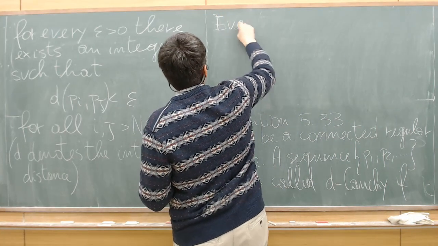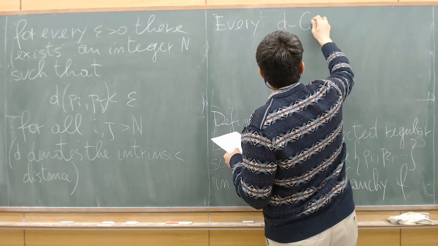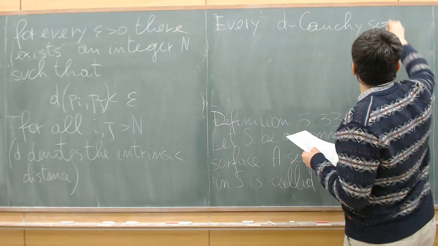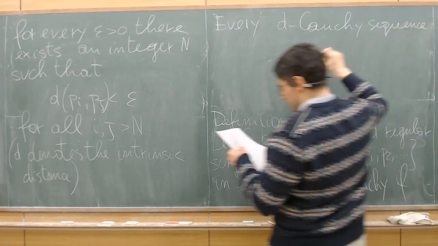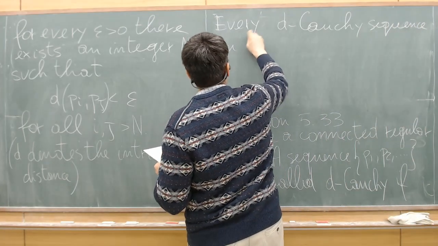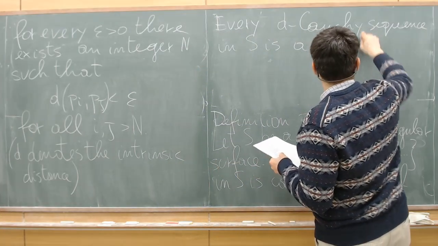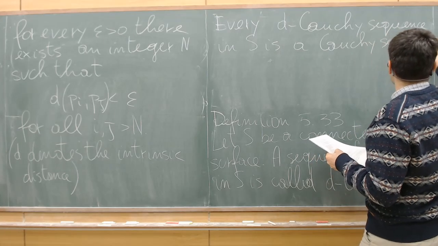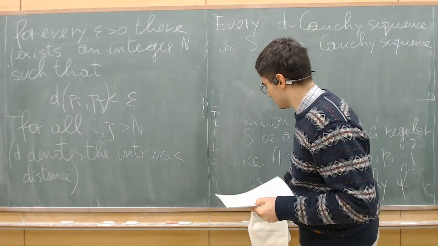Every d-Cauchy sequence in S is a Cauchy sequence. Why is this true?